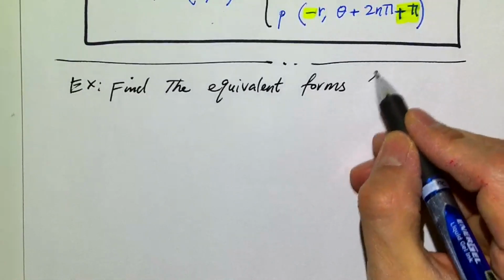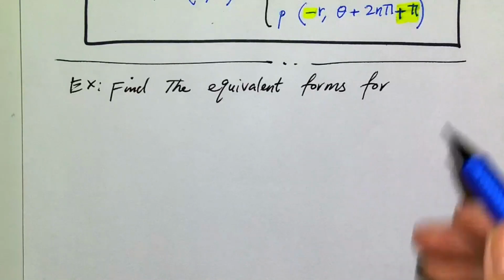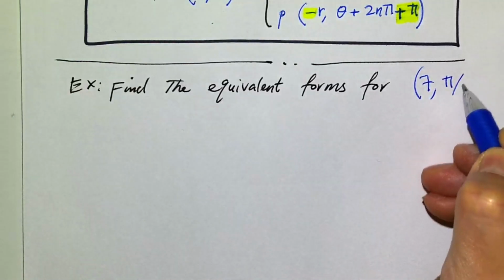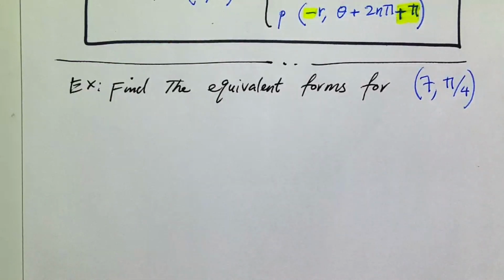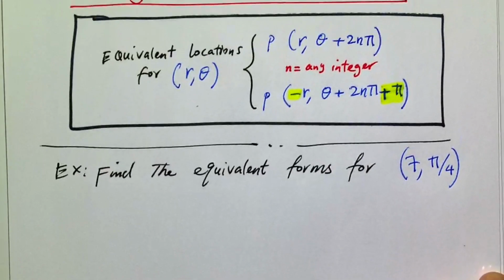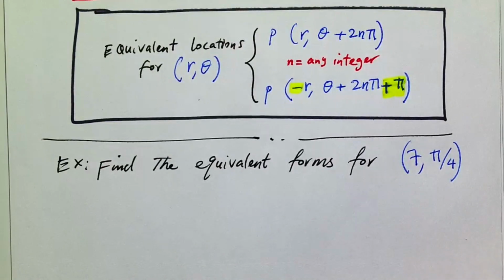Equivalent forms for this point, which has the polar coordinates 7 comma pi over 4. Maybe I can bring this so you can see that and this on the screen.